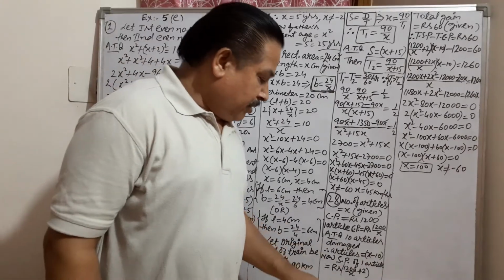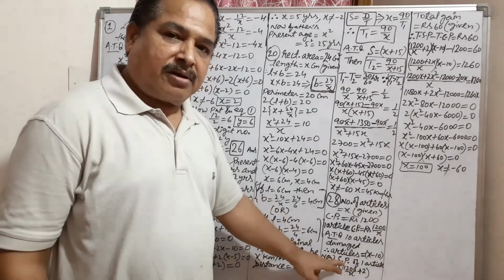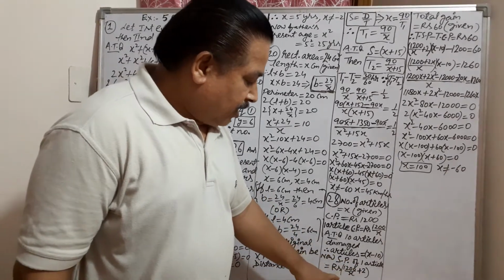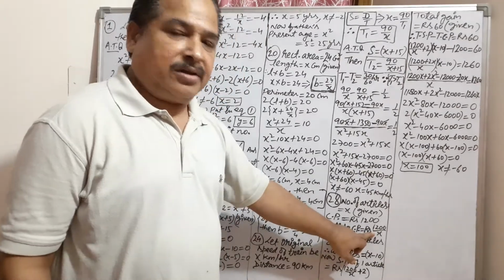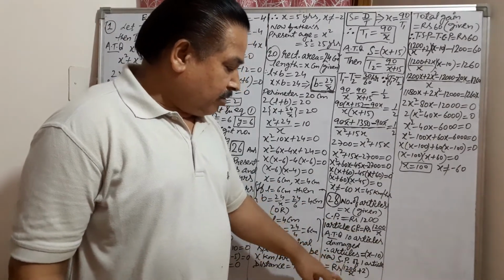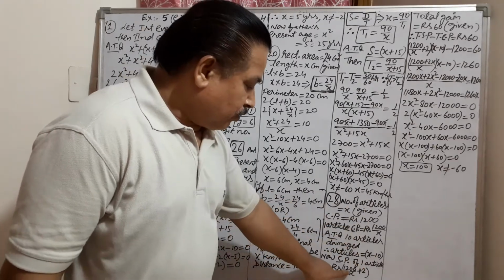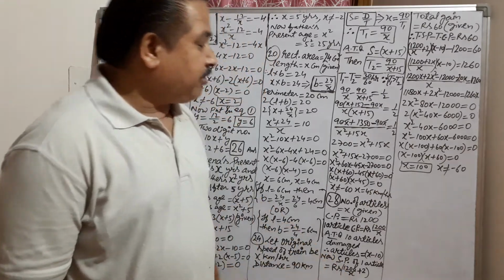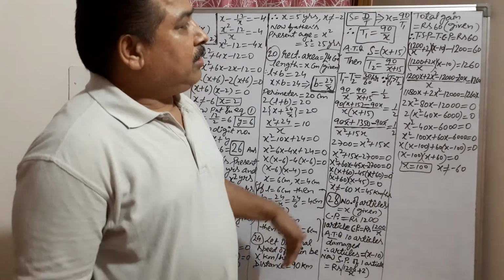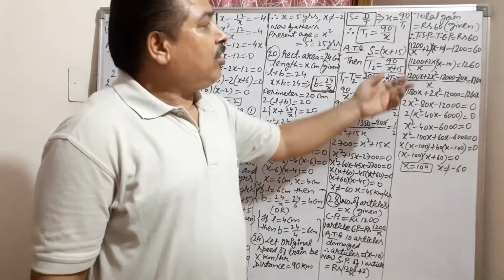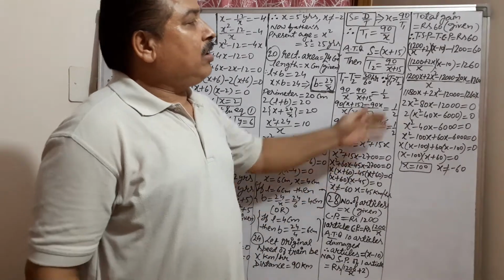Now the shopkeeper is selling each article at 2 rupees more than the cost price of one article. So one article's selling price is 1200 upon x plus 2. In this transaction, overall he is getting a profit of 60 rupees.